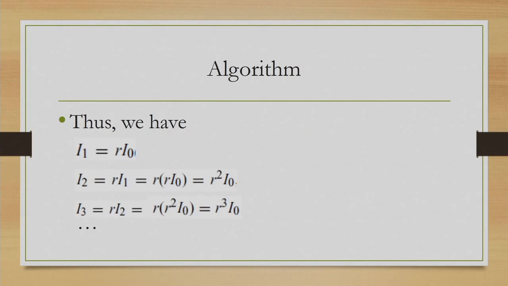In other words, we can express all intermediate values in terms of the lowest value. So, I1 we can represent by the expression R I0, I2 similarly by R square I0, I3 to be R cube I0, and so on.